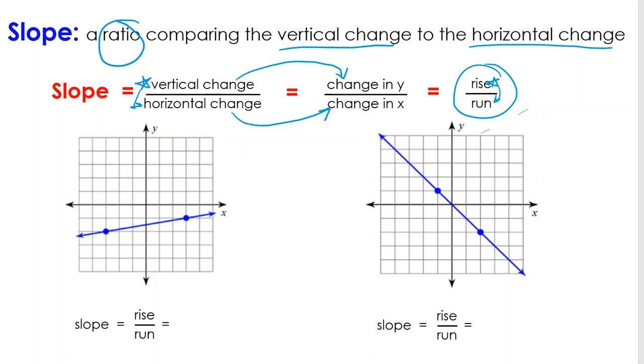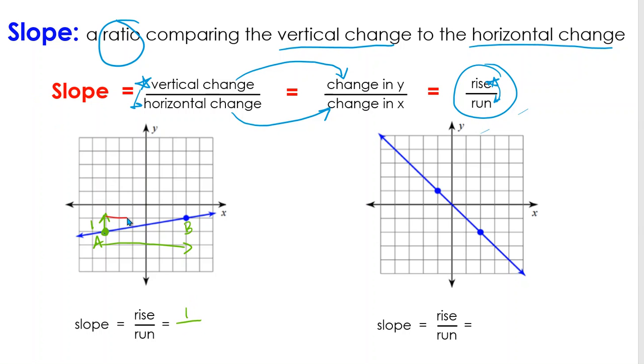And if we're given a graph, it's very simple to find the slope between any 2 points on the line in a graph. Again, I'm going to work my way from left to right. And so we can start with this point here. I'm going to start with my rise. So in order to get from point A, we'll call this, to point B, I need to see how far up do I have to move, or down. In this case, we move up 1 unit, so my rise is going to be 1.